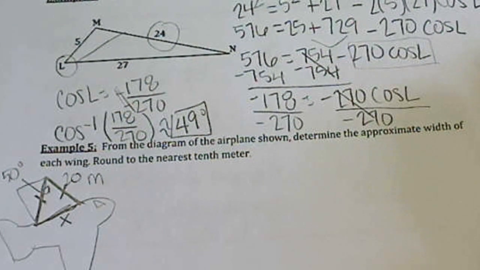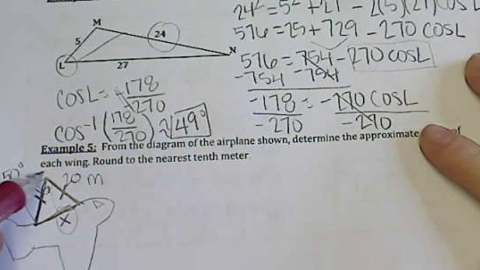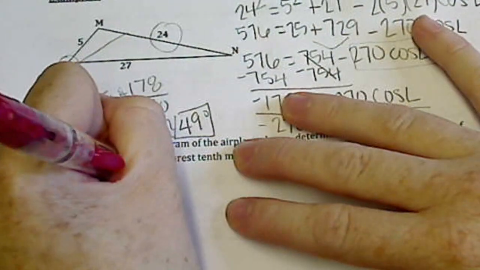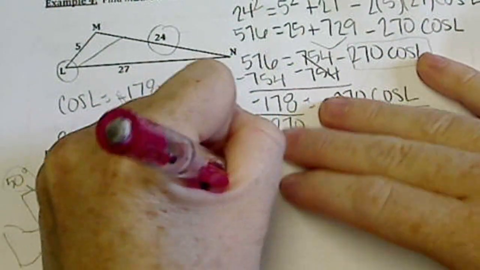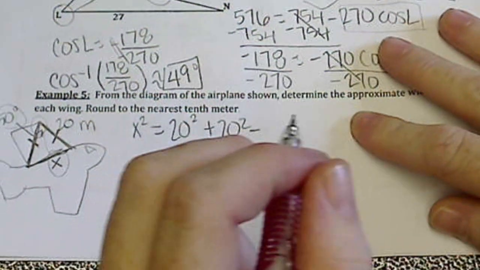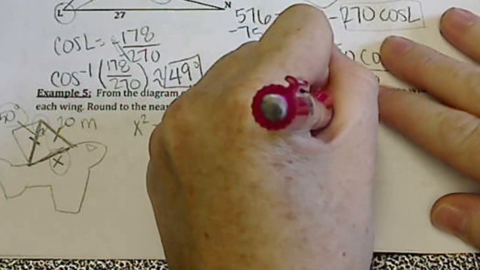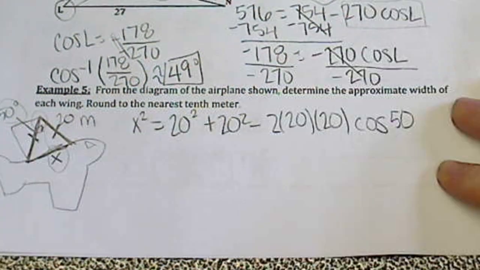Okay, I need to use law of cosines. I want to find x, so I need to look at the angle across, which is 50 degrees. So x squared equals 20 squared plus 20 squared minus 2 times 20 times 20 times the cosine of 50.